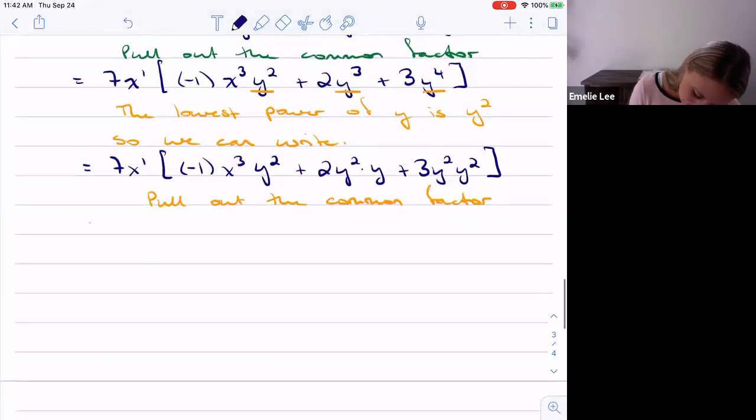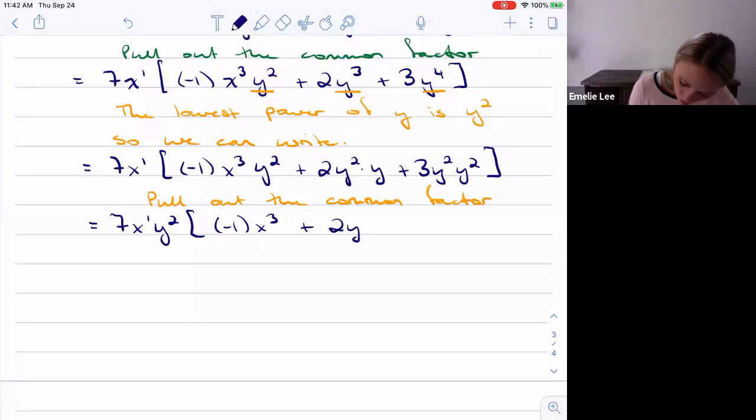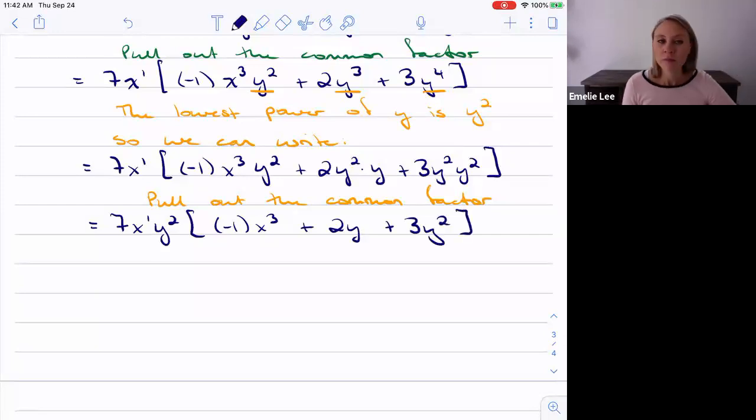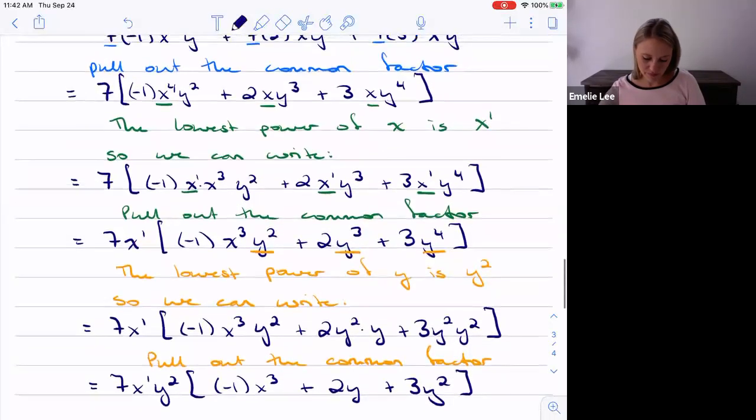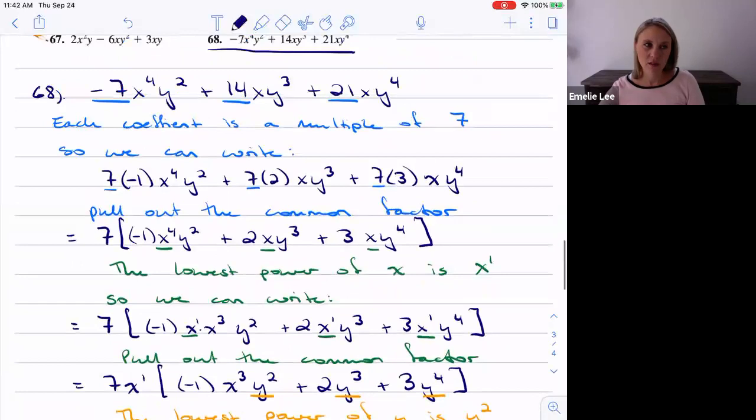So I get 7x to the power of 1, y squared times negative 1x to the 3 plus 2y plus 3y squared. Of course, you're not going to do all this work every single time. This was just to show you what's going on here, right?